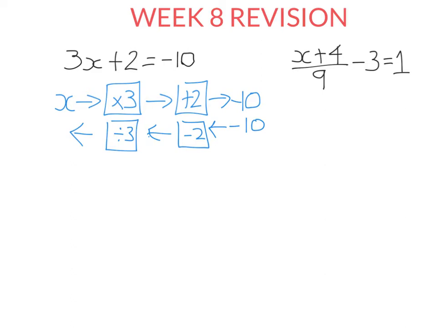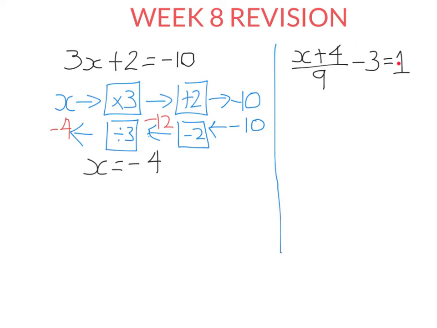Minus 10 subtract 2 is minus 12, and then minus 12 divided by 3 is minus 4. Remember, a negative divided by a positive is a negative. So I've just solved the equation. The solution is x equals minus 4. If I substitute x for minus 4 into this equation, I get a true statement.